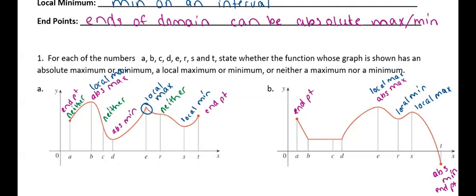As you're coming down here, you get to a local min. But then as you get over to point C, technically it's a maximum and a minimum because it hasn't changed at all. Technically it's both. It stayed consistent. So this one's super tricky. This right here at the same time is a local max and a local min because it's both the highest and the lowest value on that interval.